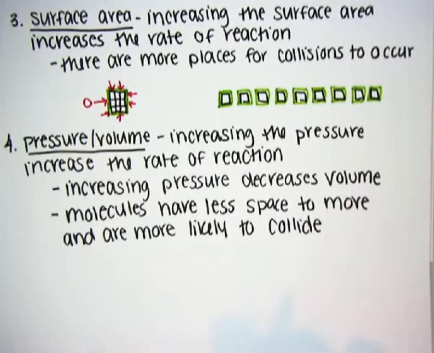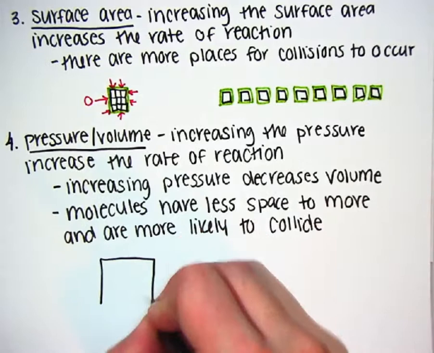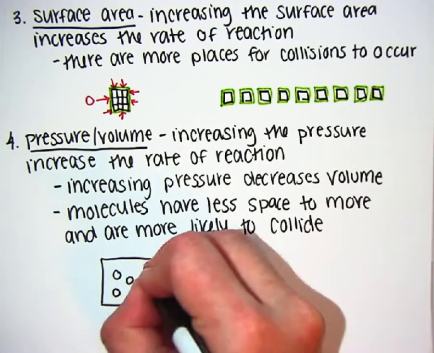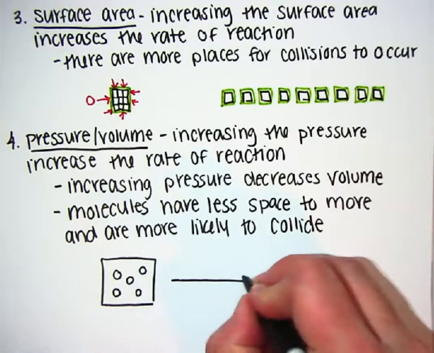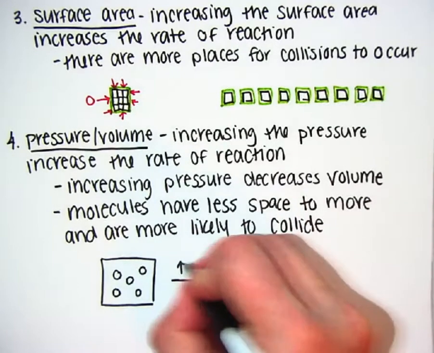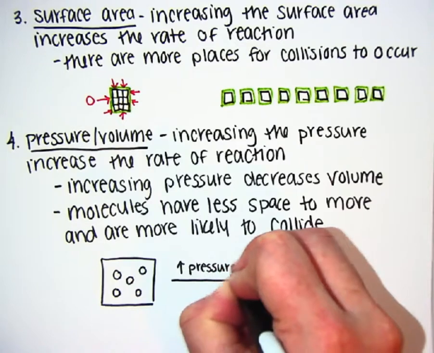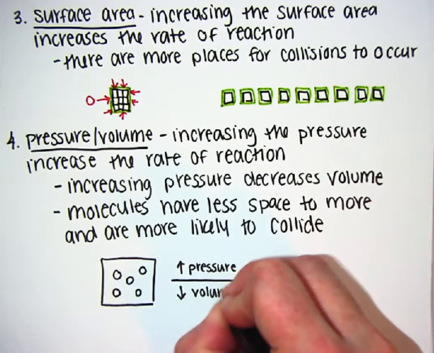We'll draw a picture for this one as well. All right, so we have our molecules. They're in some type of container. And let's say we increase the pressure. If we increase the pressure, you are decreasing the volume.